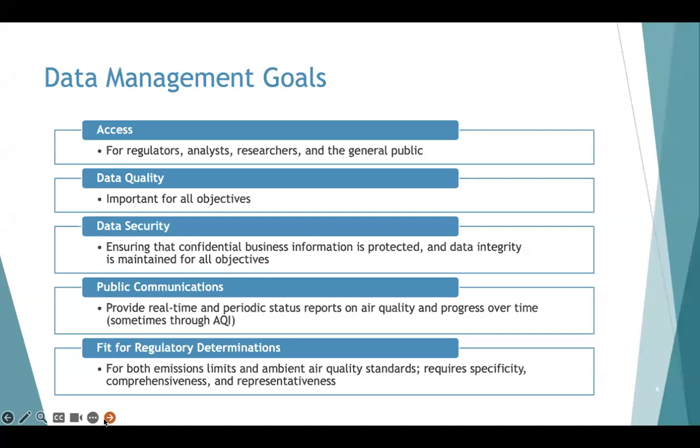And finally we have fit for regulatory determination. Then what facts are included under these subtopics? When it comes to data management goals, if it is access related, we have to identify the regulators, analysts, researchers we should provide access to, and the general public.